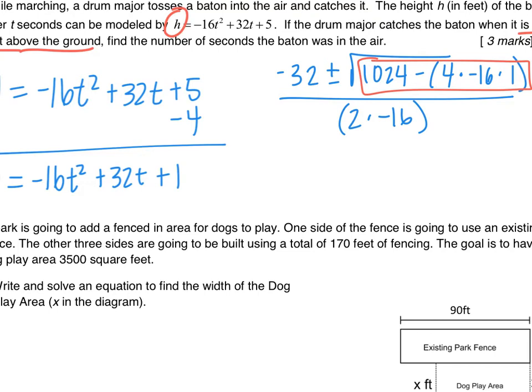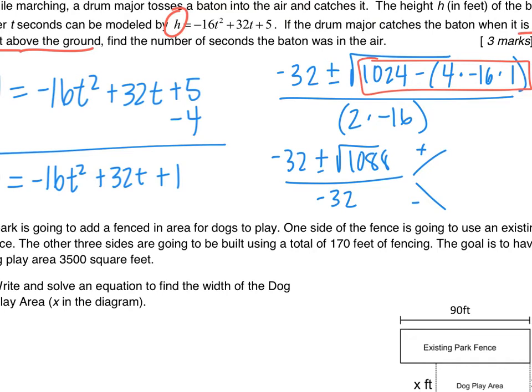And we get 1088. So negative 32 plus or minus the square root of 1088 all over negative 32. So let's do our positive answer, or it might not necessarily be positive, but the answer we get from adding, and then the answer we get from subtracting.